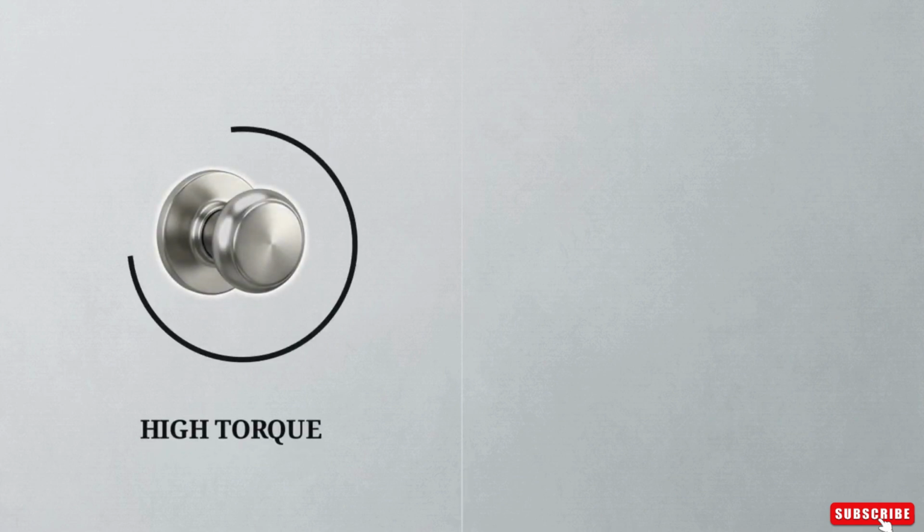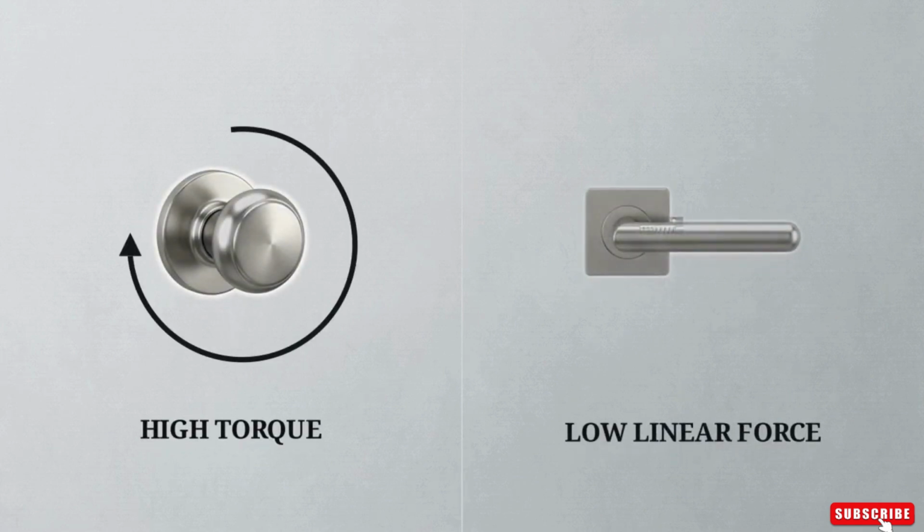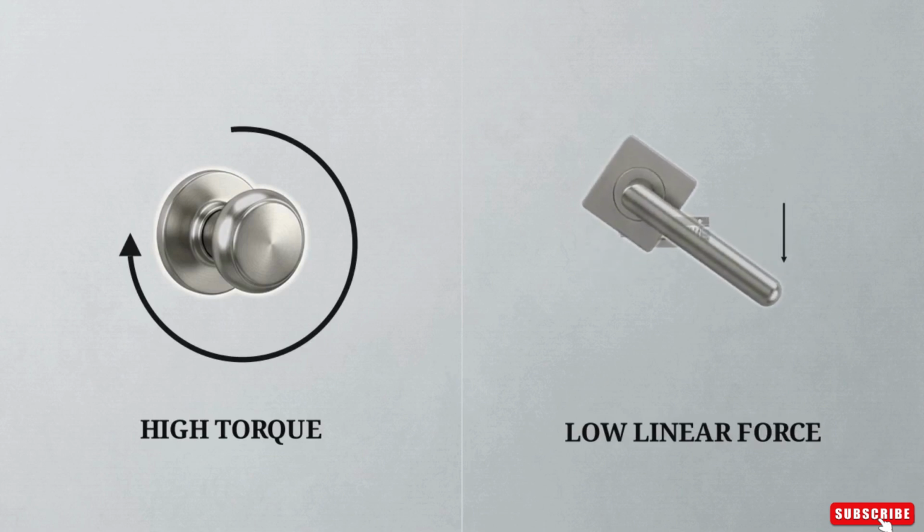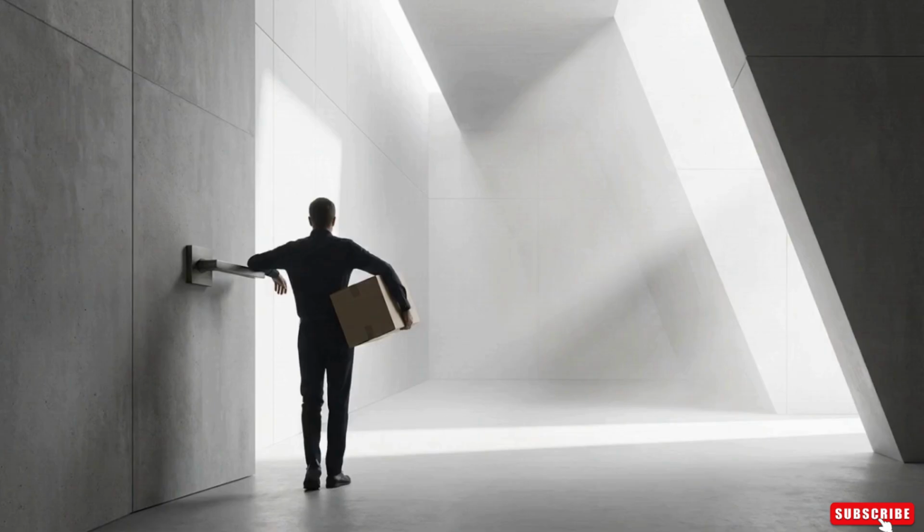The round knob demands high rotational torque. The lever converts a minimal downward linear force, applied by an elbow or closed fist, into the rotational energy to retract the latch. This mechanical advantage removes physical barriers for users with limited dexterity. Kinematic accessibility succeeds by mathematically minimizing physical friction across every user interaction.